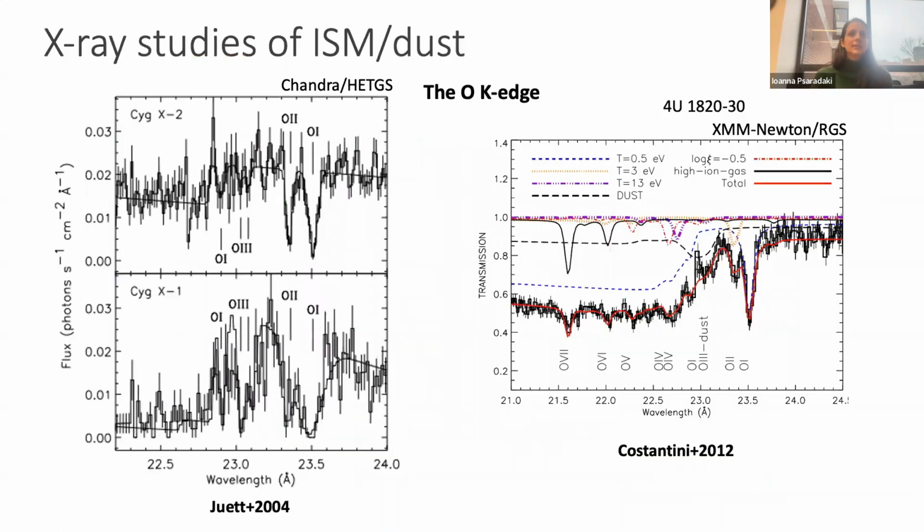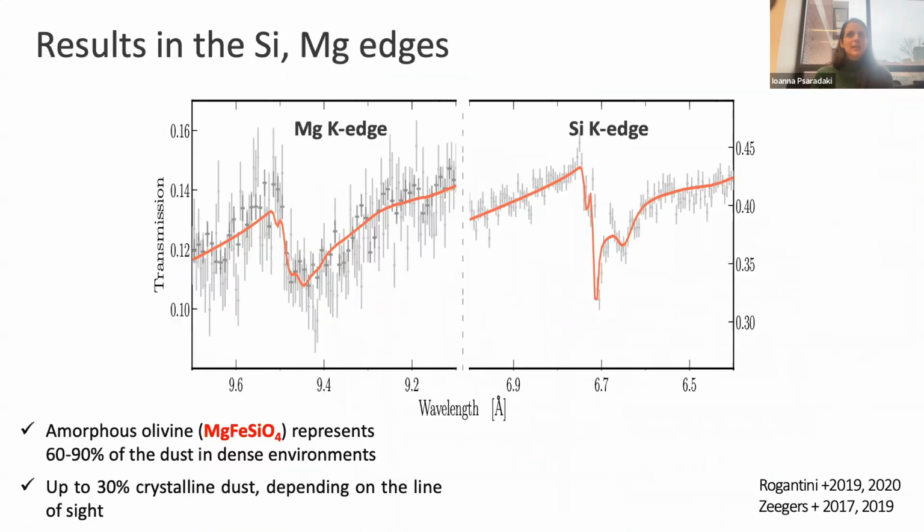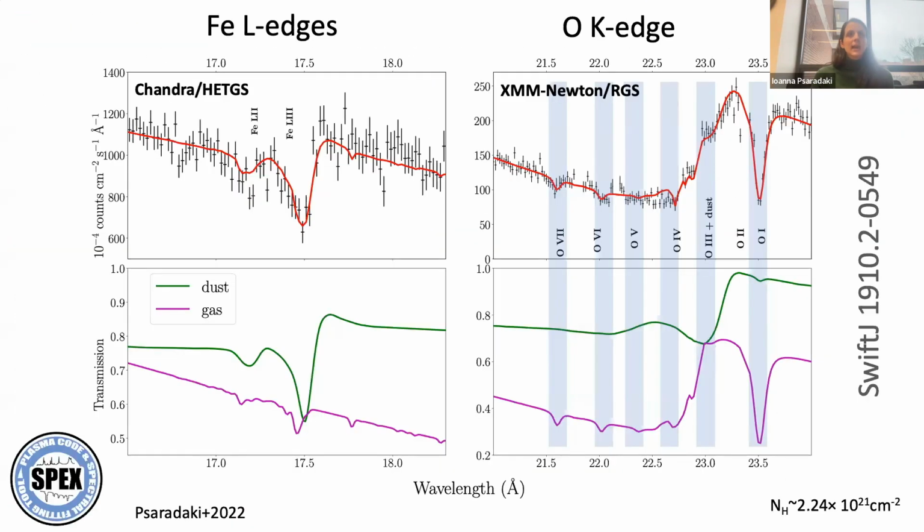For example, in our study, we studied oxygen and iron together, and we fit those edges simultaneously despite being with different instruments. So with X-rays, we can do that. We can fit different continua and the same ISM model, and understand from two edges, two elements together, what the composition of silicates is.